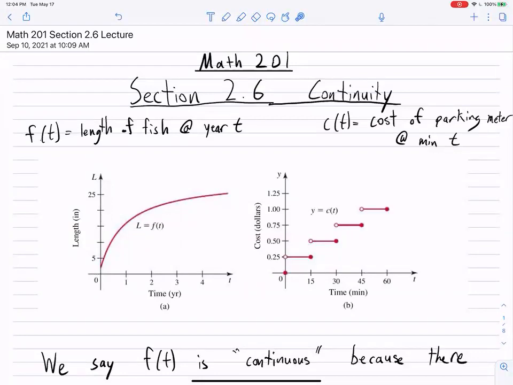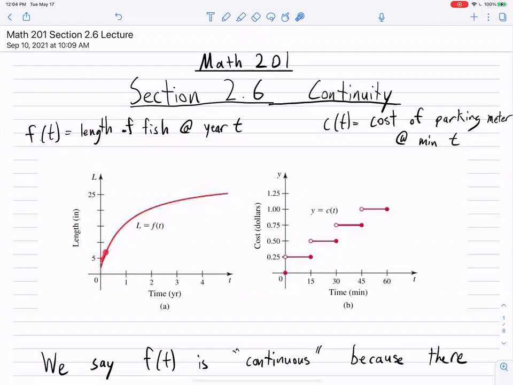So here's an example of two functions. One function, f of t, is the length of a fish at year t. So this is a single fish, and we're saying how long it is. And we notice that at year 0, it's about, what, 2.5 maybe? And then as the years go on, it gets bigger and bigger and bigger.